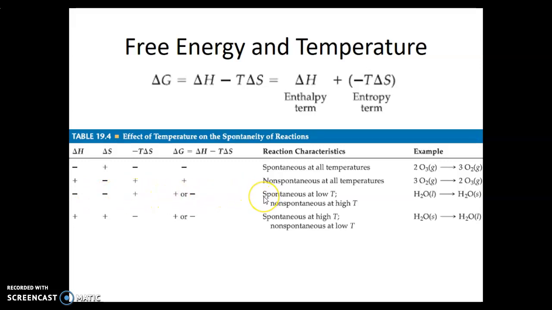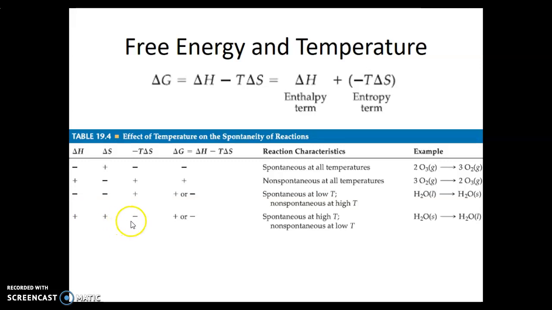It'll be spontaneous at low temperatures when this T delta S term has a low value. And then it'll be non-spontaneous at high temperatures when this T delta S term has a large value. The same holds true when you have an endothermic reaction but an increase in entropy.